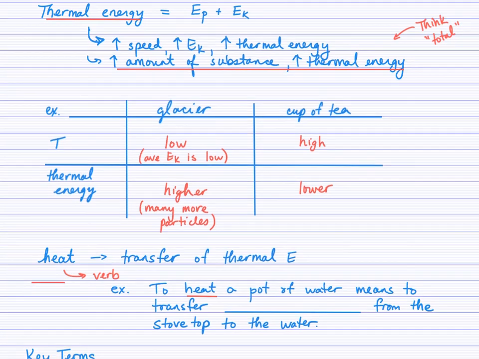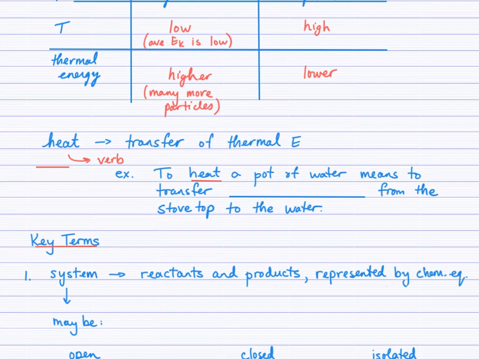All right, so we've been just talking about thermal energy there. So what does it mean when thermal energy is transferred, or what terminology do we use there? We use the term heat. So that's misused in the scientific context, so I'd just like you to be aware that heat is actually a verb.